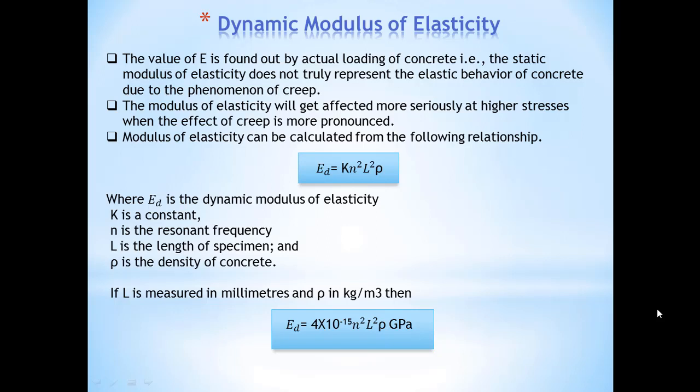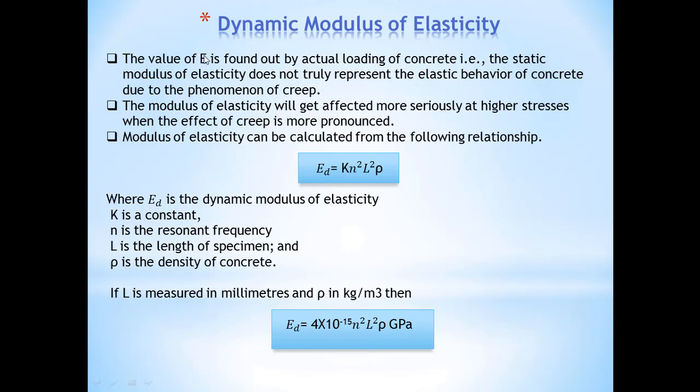Today's topic is about dynamic modulus of elasticity. The value of E is found out by actual loading of concrete, that is, the static modulus of elasticity does not truly represent the elastic behavior of concrete due to the phenomenon of creep.